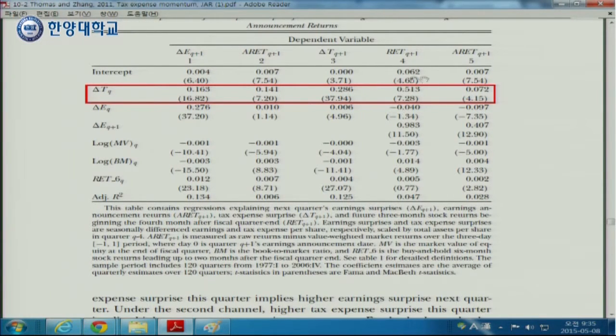Right? So this is a very surprising result in some sense. I think this is a very interesting regression. This regression shows in a very clean way why everyone should care about tax. Everyone should analyze how much tax a firm pays in order to invest in that particular company. So this is a very interesting pattern.